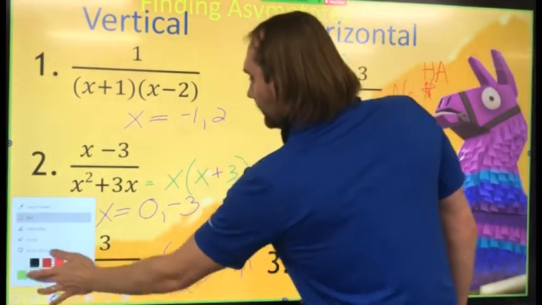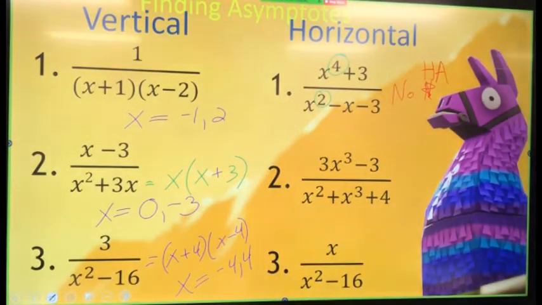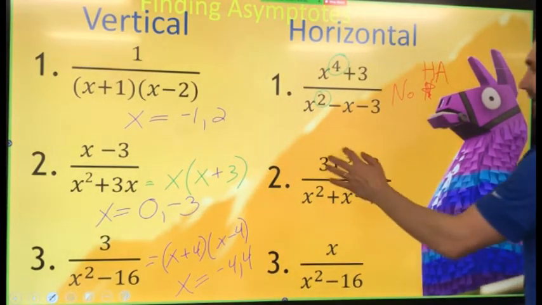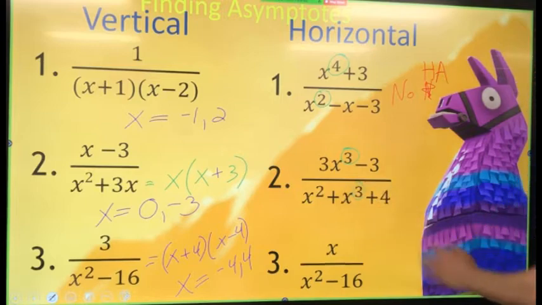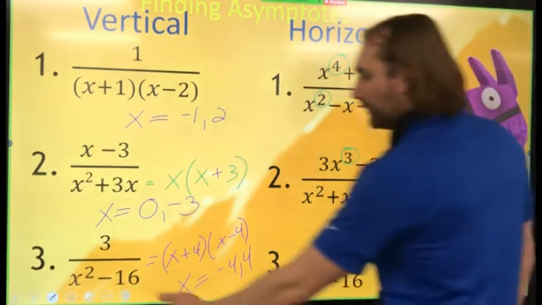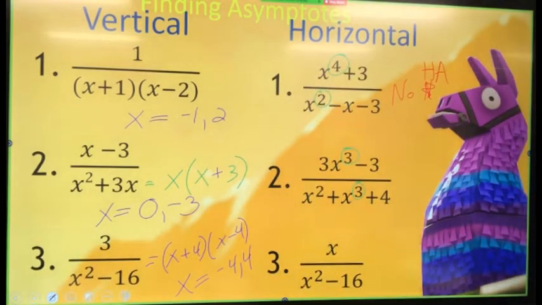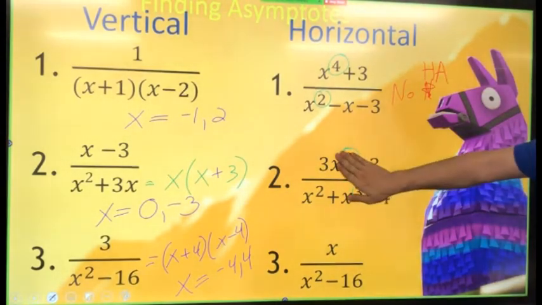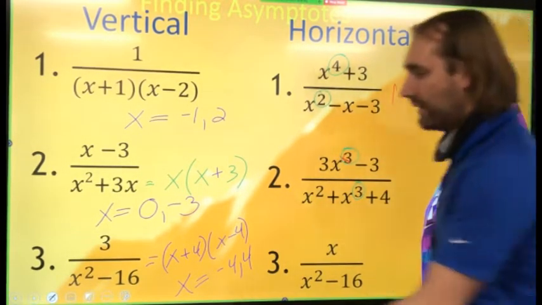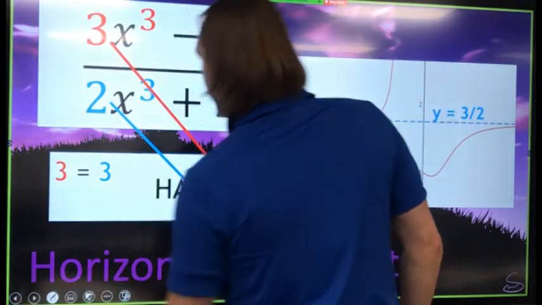Number 2. What's my highest power in the numerator? 3. What's the highest power in the denominator? 3. They're equal. So now that they're equal, what should I look for? Let's go look at that formula again.